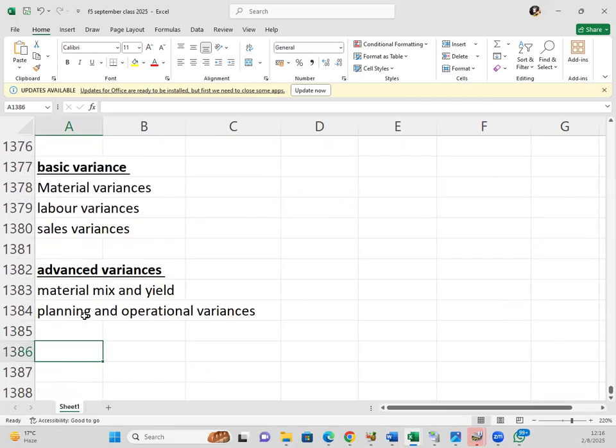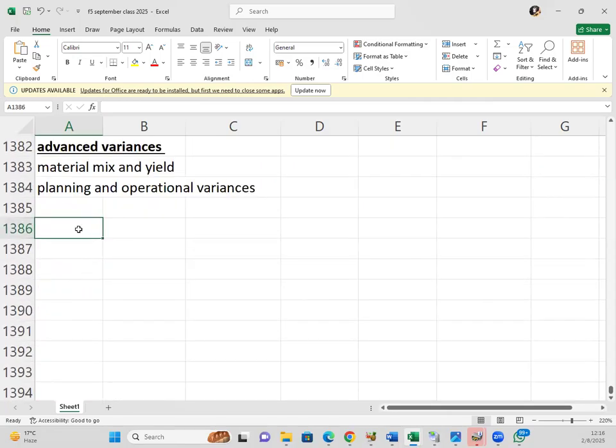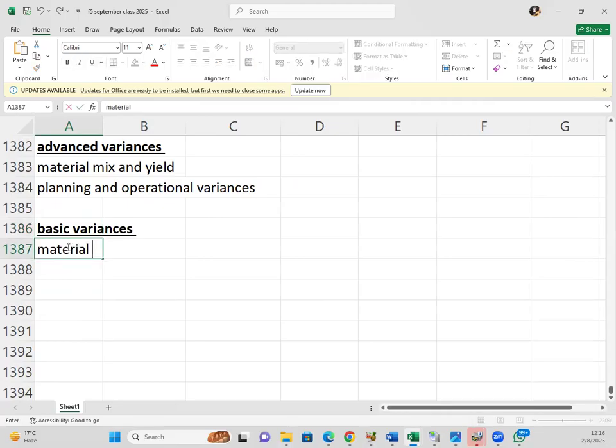So let's start with the basic variances before we advance them, with a quick recap. Let's start with the material. Material is part of the cost variances, and we have the material price variance being the first one.